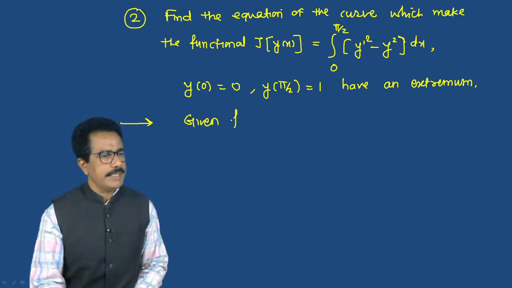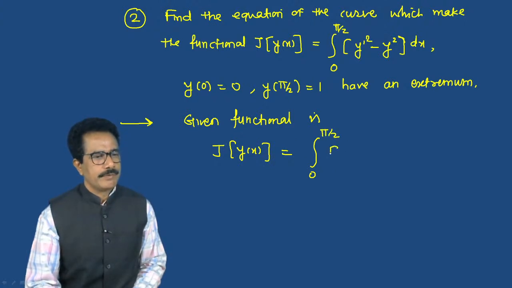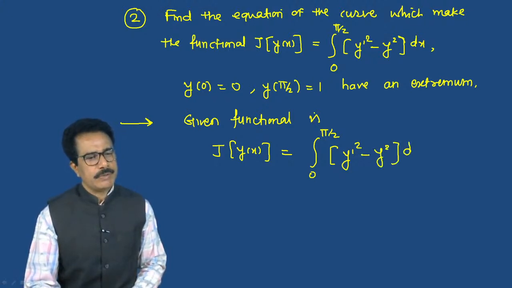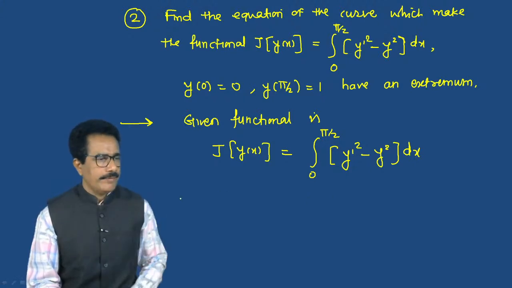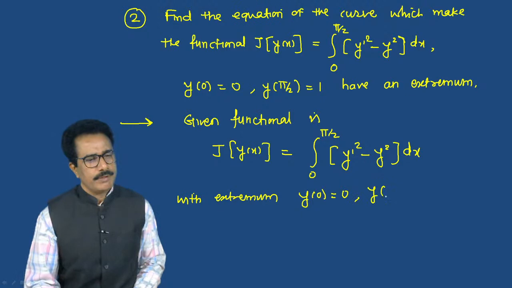The given functional is J of y of x, which is equal to integral from 0 to pi by 2 of y dash square minus y square dx, with extremum y of 0 is equal to 0, y of pi by 2 is equal to 1.